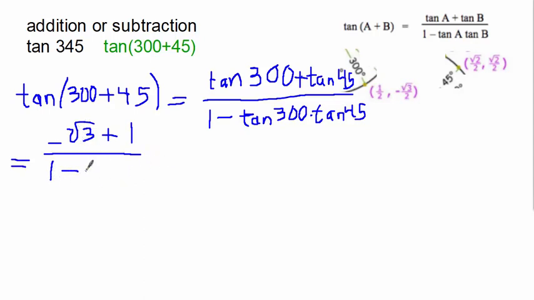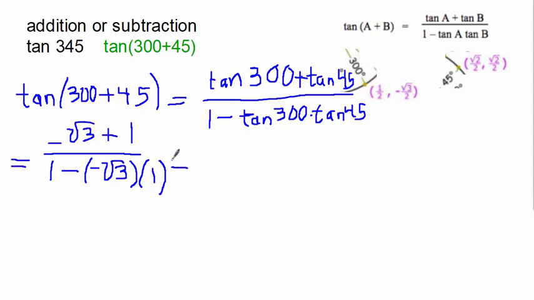For subtraction, I've already figured out that this guy is negative square root of 3, and that's times 1. 45 is a really nice one to use because the tangent's 1.